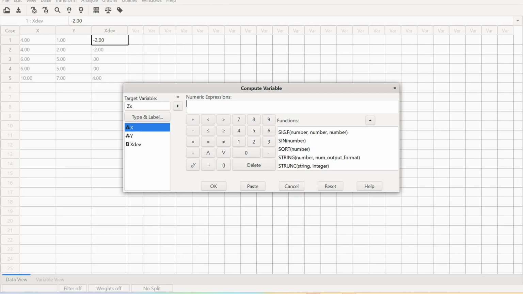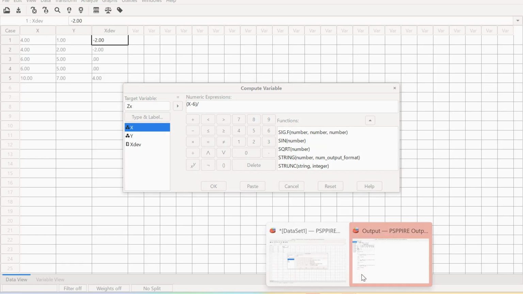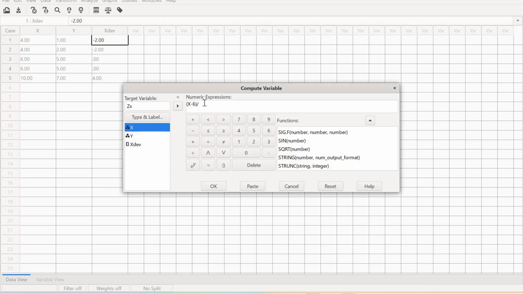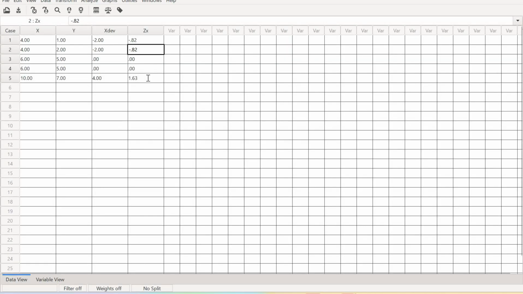So you have x minus, what's the mean? 6, divided by, what was the standard deviation? 2.45. Okay, we got all the z-scores.